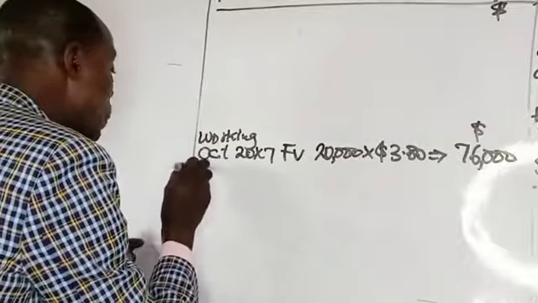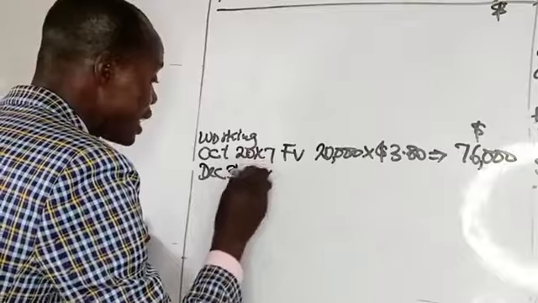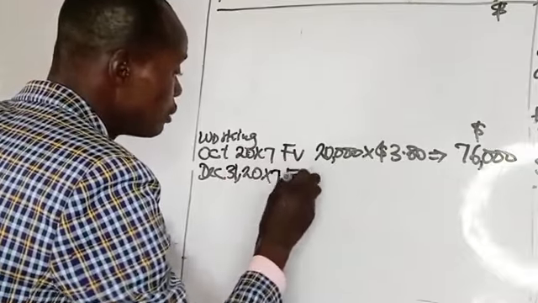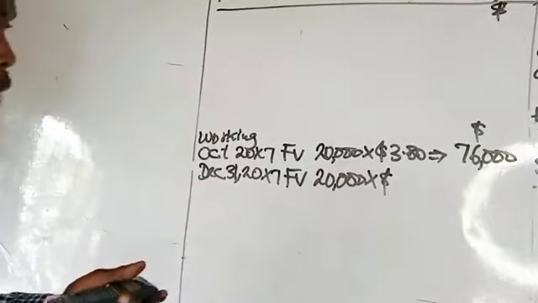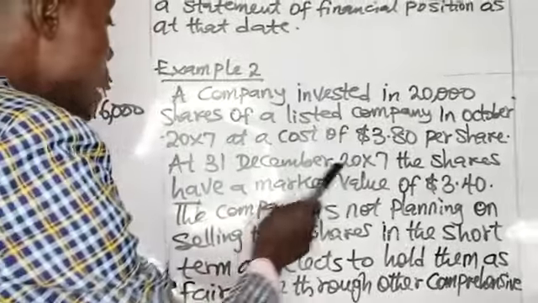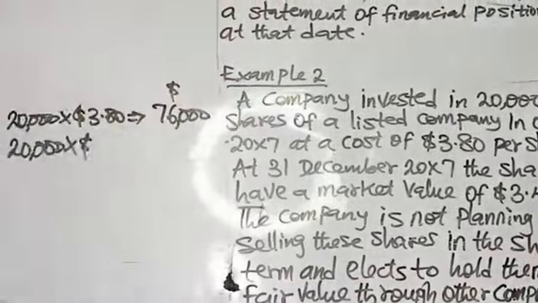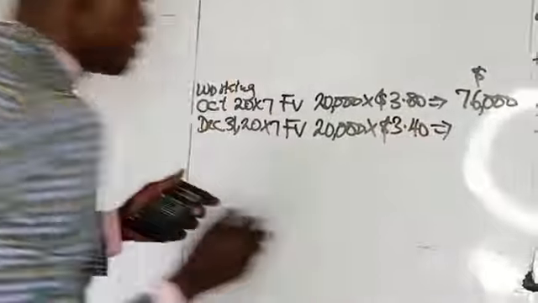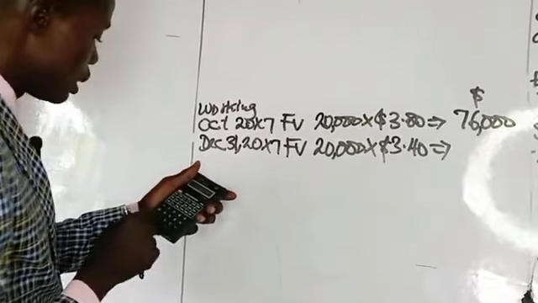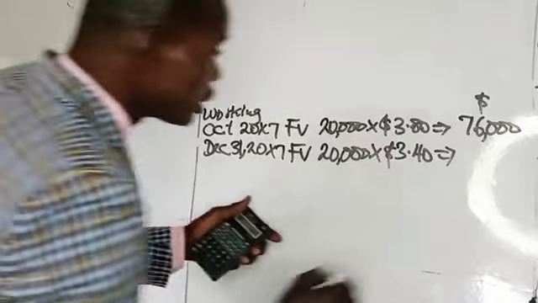Then at the reporting date, which is December 31st, 20x7, how much is the fair value? 20,000 shares at what price? Back to the question. At 31st December 20x7, the shares have a market value of 3.40. That means the fair value of that investment will be 20,000 times 3.40. We have 68,000.